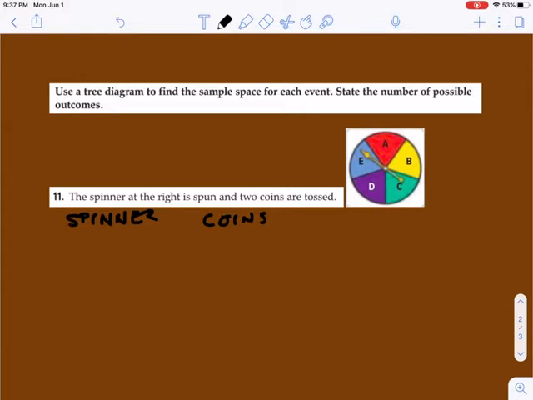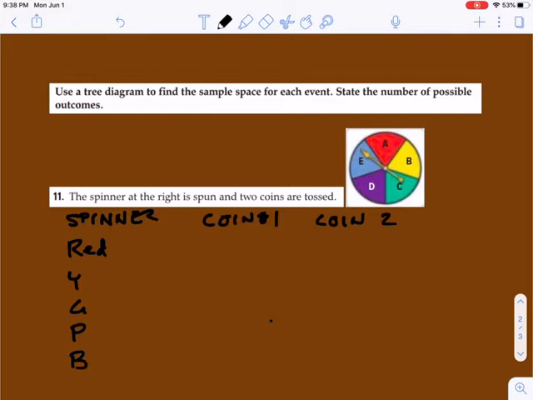So here's the thing. For the spinner, right, I've got A, B, C, D, and E, right? So I've got red. All right, and 2 coins are tossed. So we're going to actually make this coin 1 and then coin 2, right? Because 2 different things can happen. So we've got red, we've got yellow, and we've got green, purple, and blue.